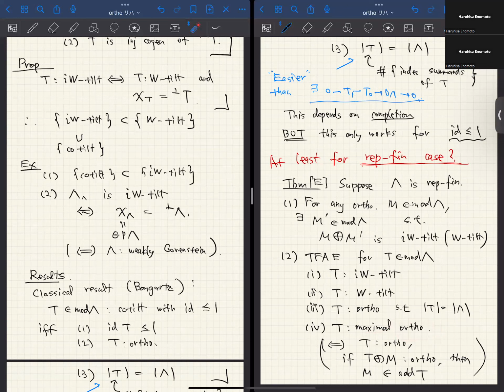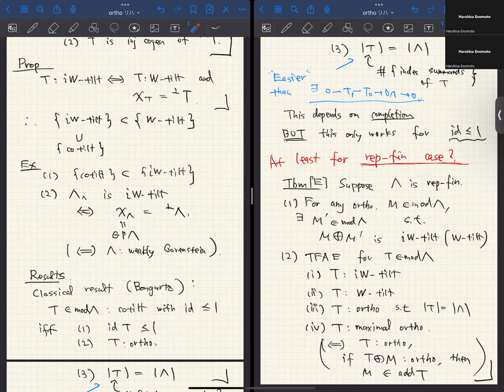This is the main result of today's talk. So if we assume, and this is a strong assumption, that lambda is representation finite, then any orthogonal module can be completed into a Wakamatsu module. So these are the same by the second.